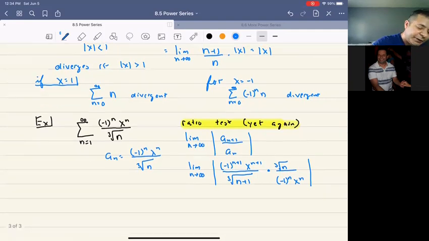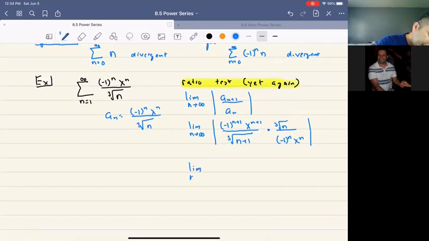We're going to end up with the limit as n goes to infinity, taking the absolute value of the negative 1, of the absolute value of x times the cube root of n over n plus 1. As n goes to infinity, that just becomes the absolute value of x. So again, this is definitely going to converge for absolute value of x less than 1, and definitely going to diverge for absolute value of x bigger than 1.